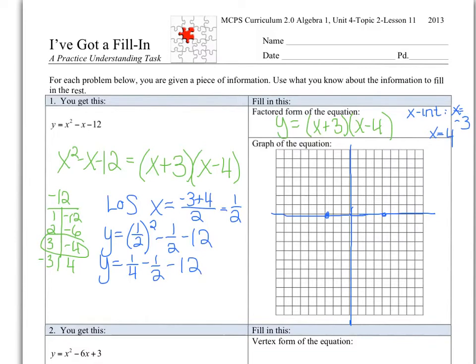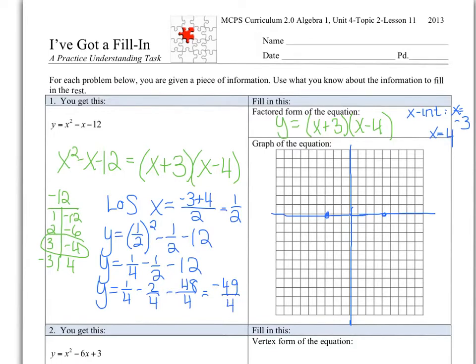You can use your calculator and put this in, but because I don't have a calculator, I'm going to make all my denominators the same. So I have 1/4, I have 2/4, and I have 12, 24, 36, 48 fourths. And 1 minus 2 minus 48, 1 minus 2 is negative 1, negative 1 minus 48 is negative 49 fourths.